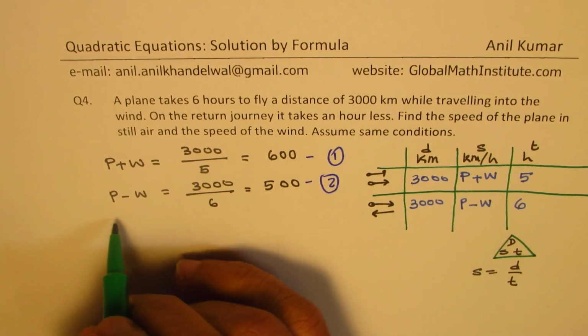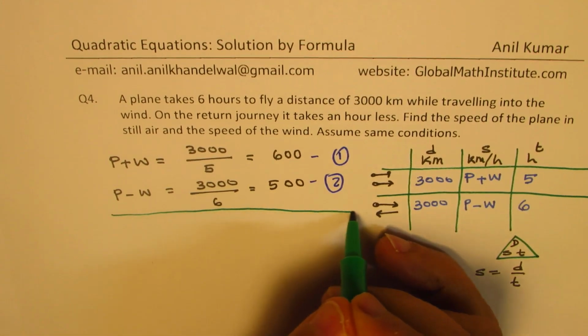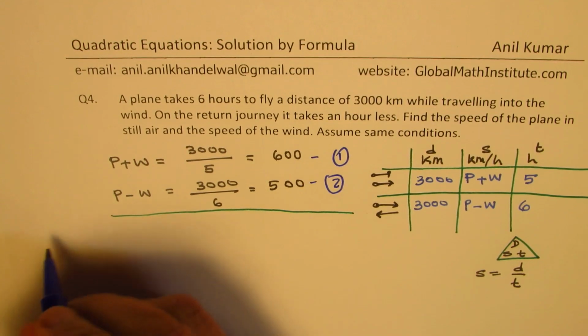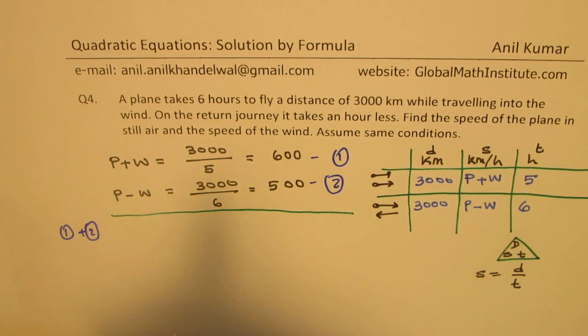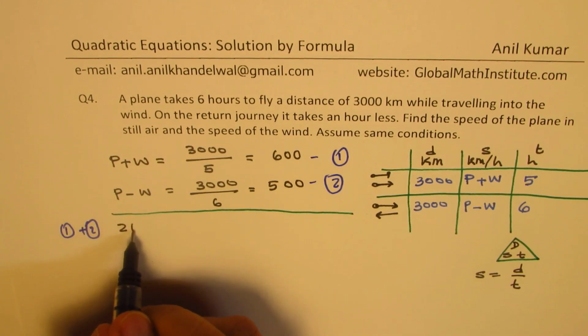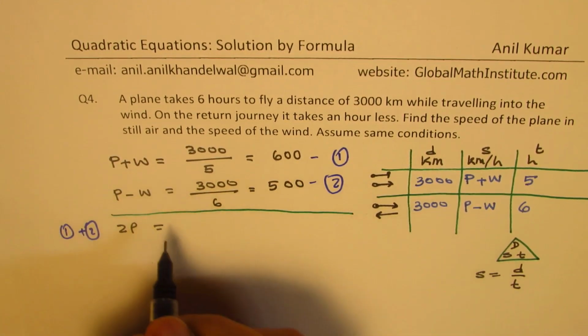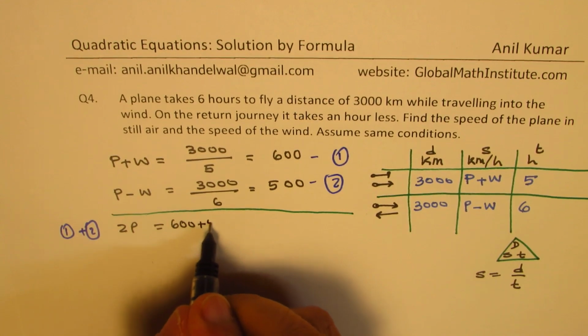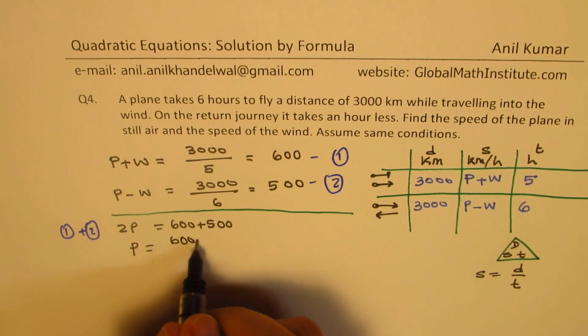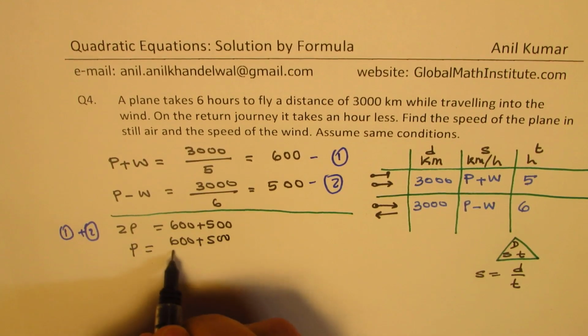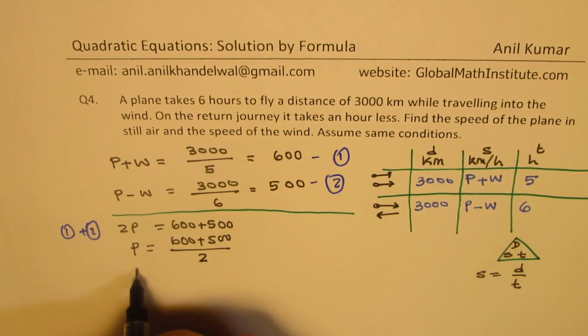Now to find the solution, what I can do here is, we can just add equation 1 and 2. So if you add the equations, you get twice the plane speed is equal to 600 plus 500. So the plane speed is 600 plus 500 divided by 2, right?